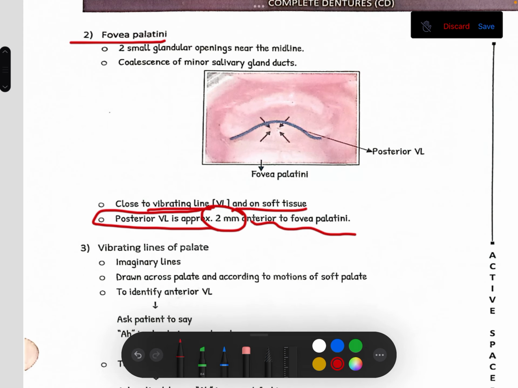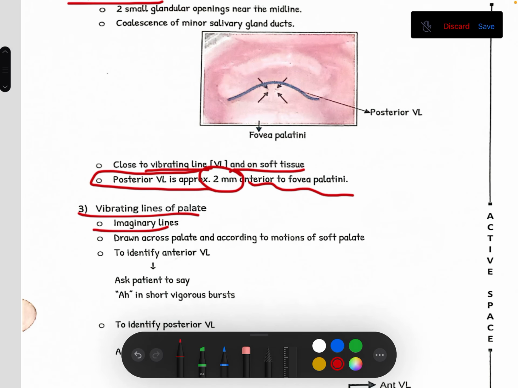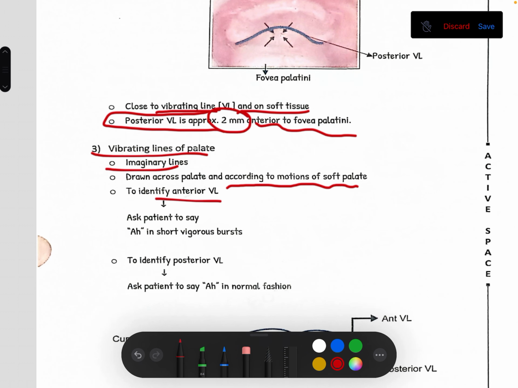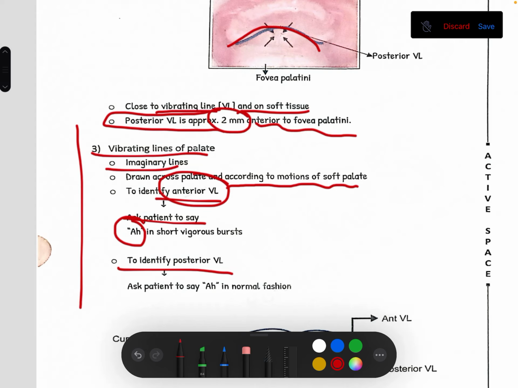Now, vibrating lines of palate. Imaginary lines of the palate drawn across the palate according to the motions of the soft palate, to identify the anterior vibrating line and the posterior vibrating line. Now, if I want to identify the anterior vibrating line of the patient, I have to ask the patient to say ah, ha, ha, ha.